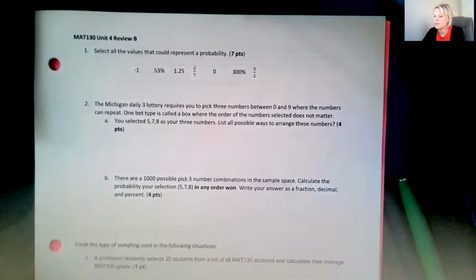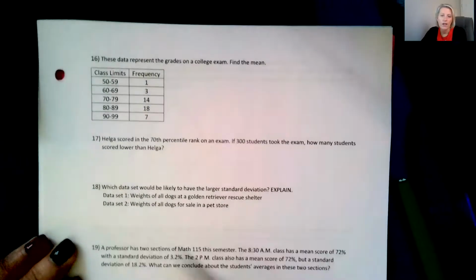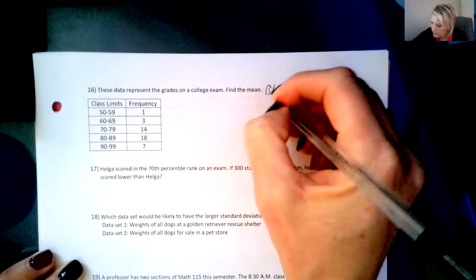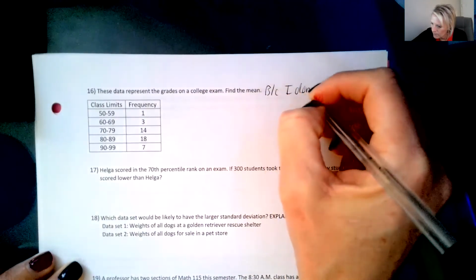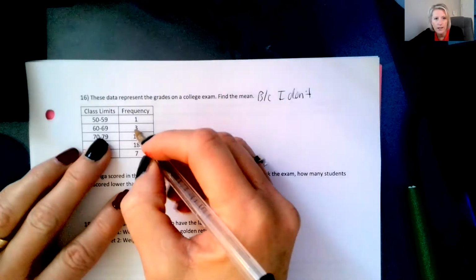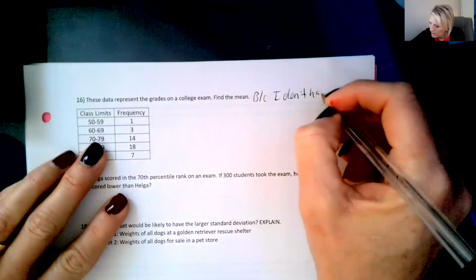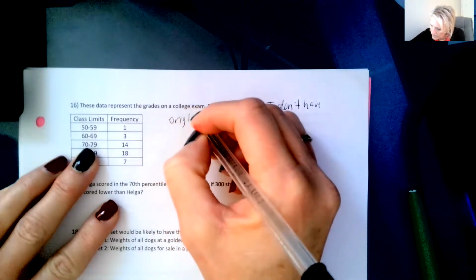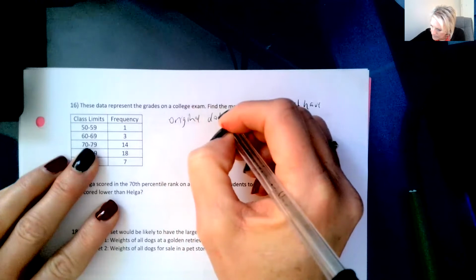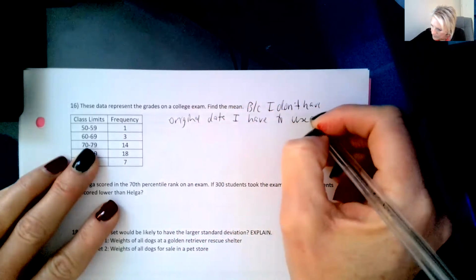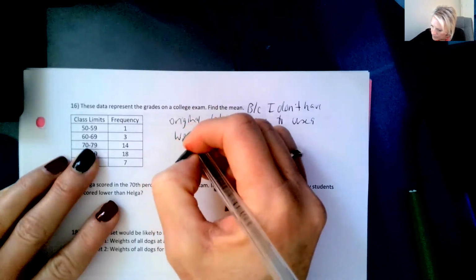Okay, so because I don't have the raw data, the actual data, I just know that 3 students scored between 60 and 69. Let's say original data. I have to use a weighted average.